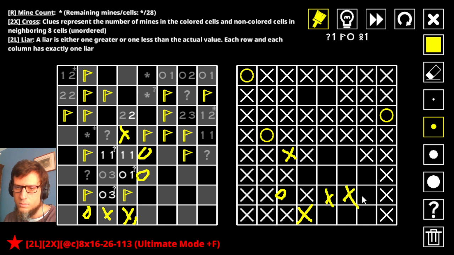First of all, okay, one of these two is lying, and that's the point, right?